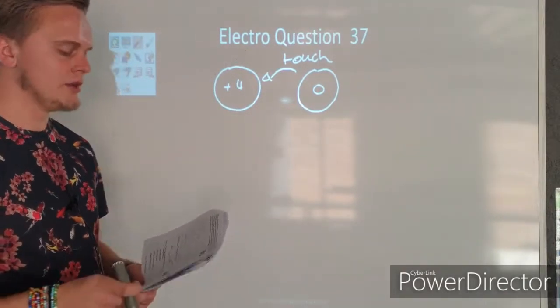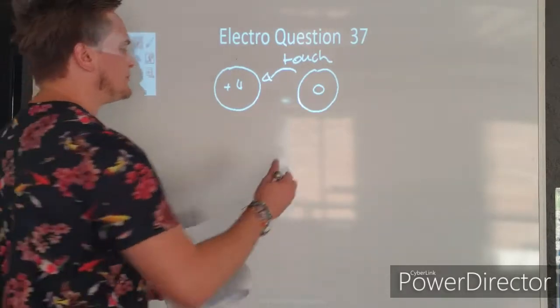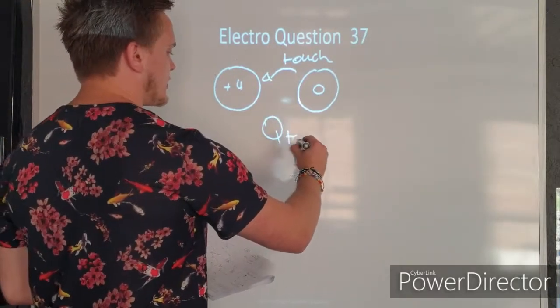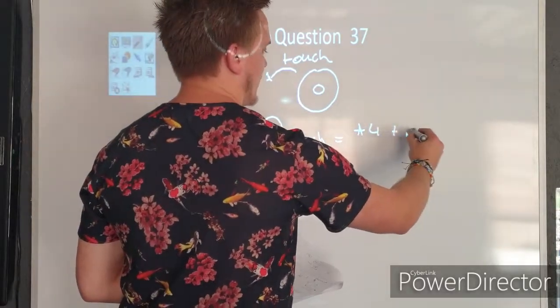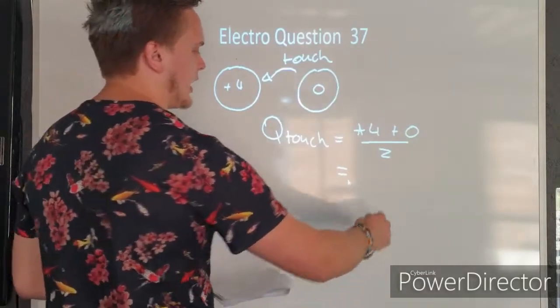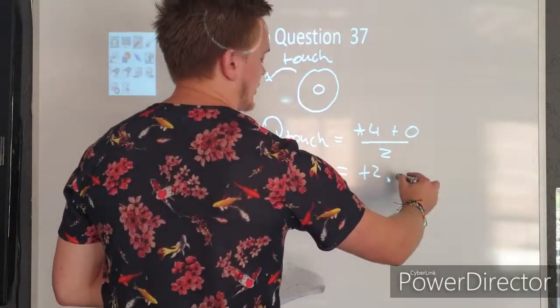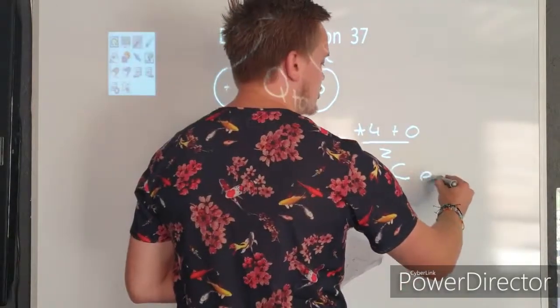This is a normal grade 10 calculation: Q touch, we have a +4 and a +0, and we have 2 charges, so both of them are +2, let's say coulomb, because it's a charge each.